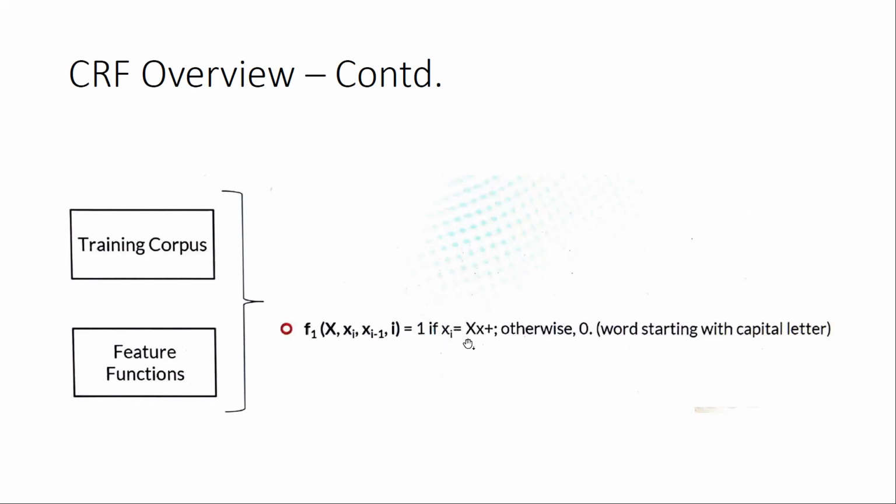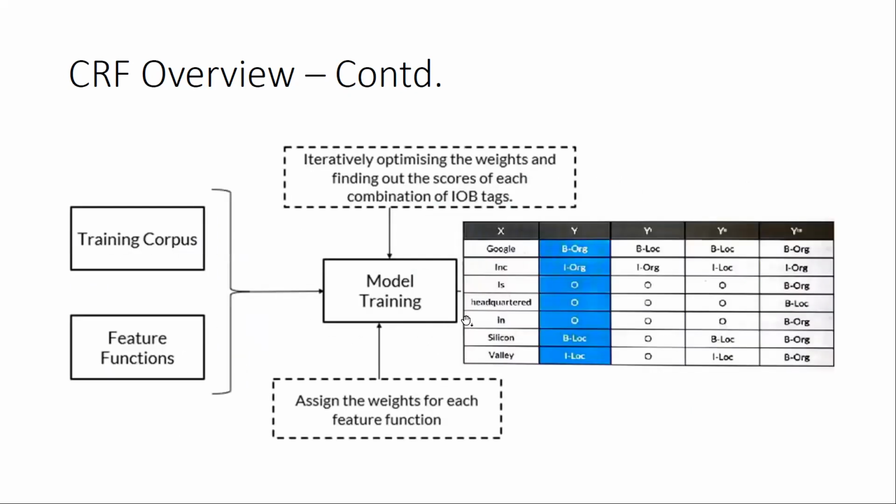For this word, the first letter is capital and it is followed by small letters afterwards. Otherwise it is 0. So we are looking for words starting with a capital letter. It is kind of similar to regular expressions, but we get the gist of what we want to do. This will help us get the feature functions out of the training corpus. We have to generate multiple features. We will look into it in some while, but this is how it should work.